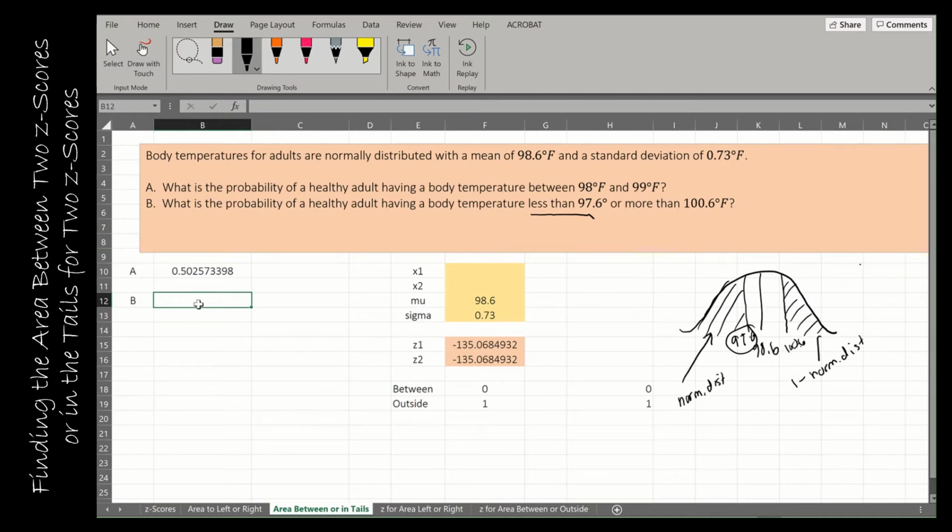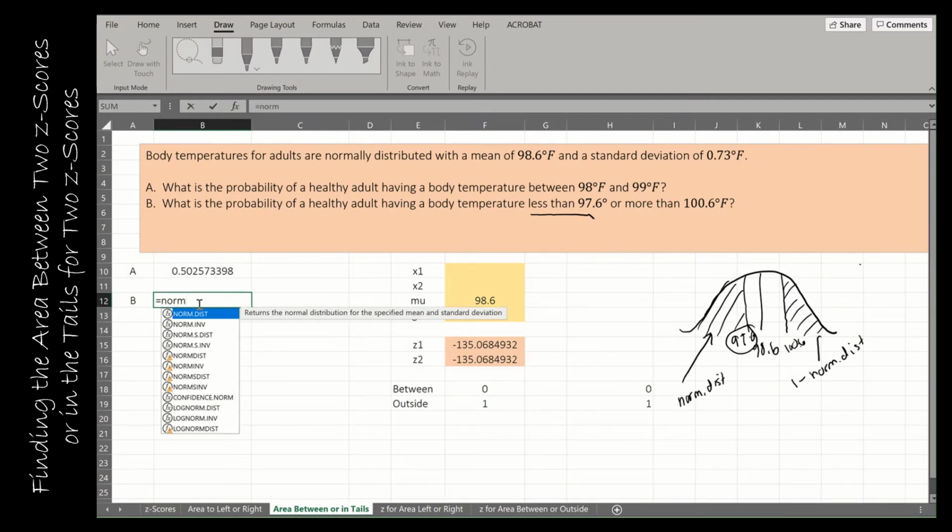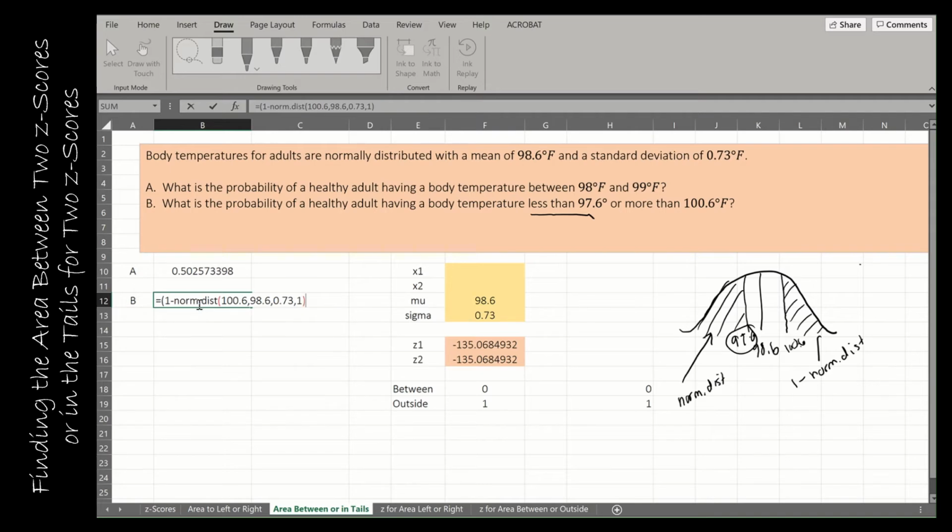So I'm going to take equals. The first one is norm dist. Actually, I'm going to always start with a higher one, and I'll show you why in a minute. So to find the area on the right side, to the right of 100.6, it's 1 minus norm dist, 100.6, comma 98.6, comma 0.73, comma 1, close the parenthesis again, and then I'm adding to that the area to the left of 97.6.